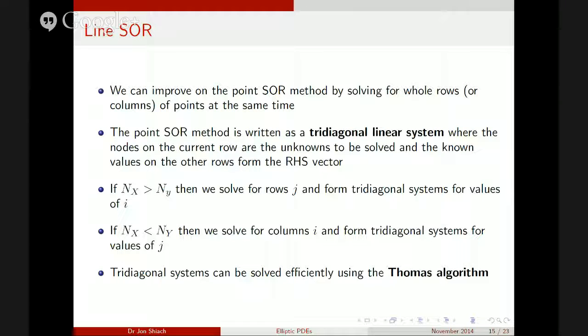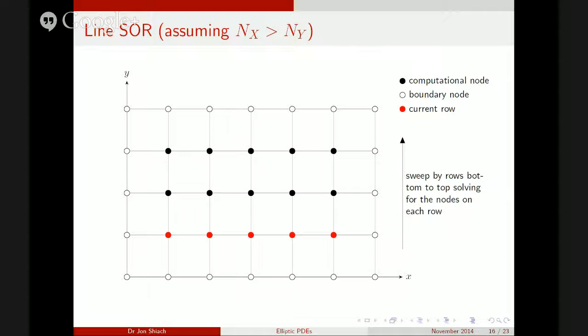I've got some diagrams which are not in your notes, because I can show more clearly what's happening here. This is a typical 2D finite difference grid. The red nodes are the nodes I'm calculating the solution for, a whole line at a time. The white nodes are boundaries, the black nodes are computational nodes.